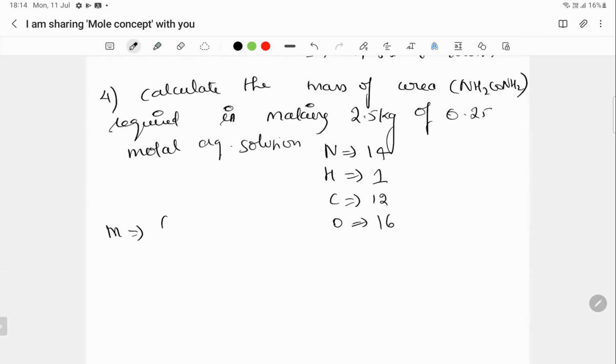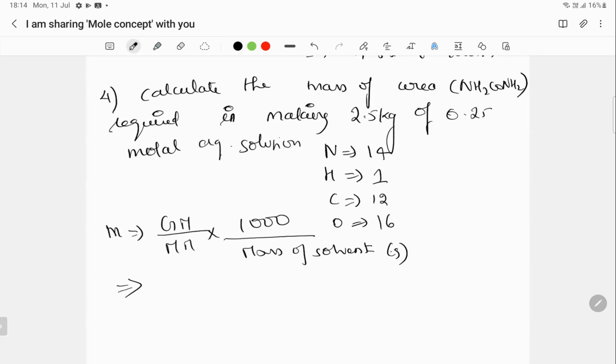Molality is equal to given mass divided by molar mass, into 1000 divided by mass of the solvent. Molality. Try some idea somewhere and solve it, but try it.